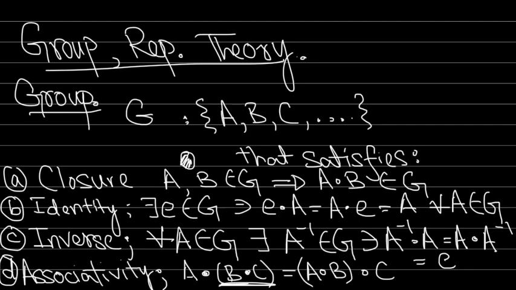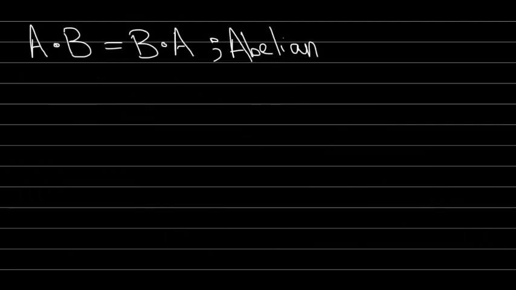Okay. Now, one more thing I would like to mention is that if you take a subset of elements of a group and they themselves also form a group, then the set of elements is called a subgroup of the original group.